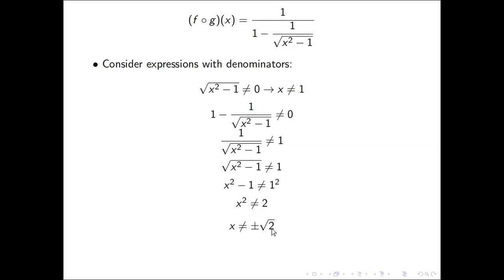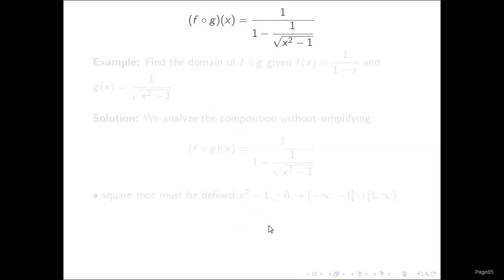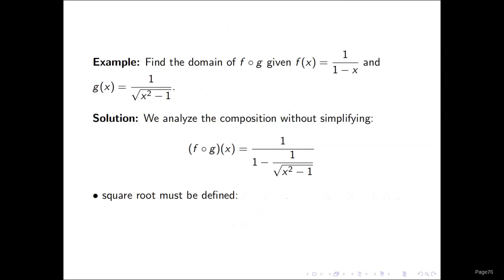So what have we excluded in the domain? 1. And a while ago, negative 1 and 1 for the square root. Negative 1 and 1. And then we exclude 1, it's already included here. And then we exclude also plus and minus square root of 2. So we go back to this one.